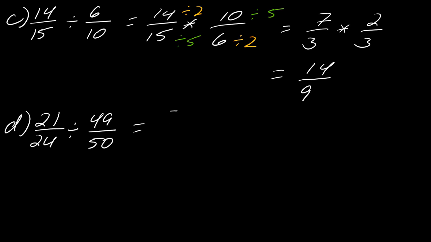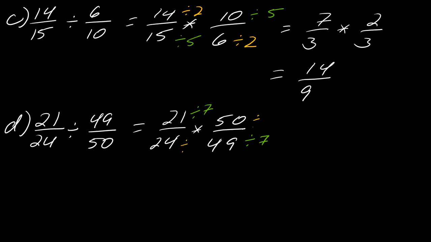We'll do the same thing for D. So I will flip that second fraction. And then I will simplify. So between 21 and 49, those are both divisible by 7. And then let's see, between 24 and 50, well, the only thing that jumps out to me is that they're both divisible by 2.